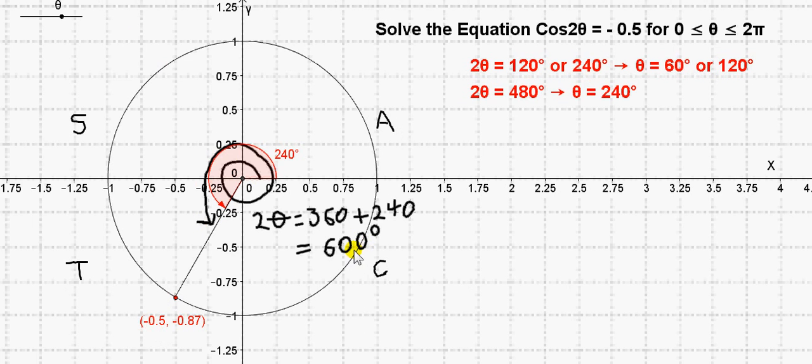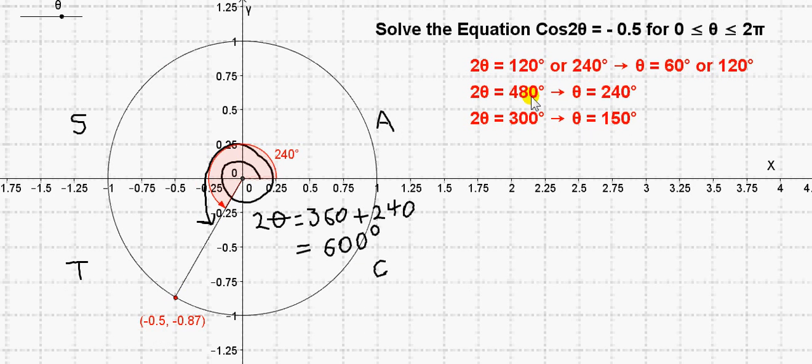If we do that we get 600 degrees. So we could call the coordinates of this point cos 600, sine 600, and it's the same as cos 240, sine 240. So now we get yet another solution to the equation. If 2 theta is 600 degrees, then theta must be 300 degrees.